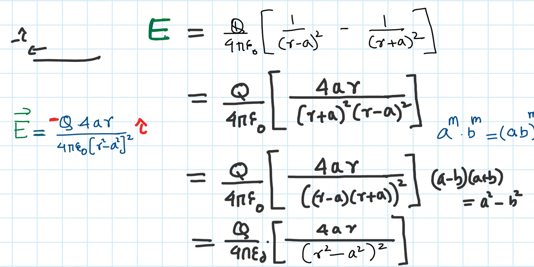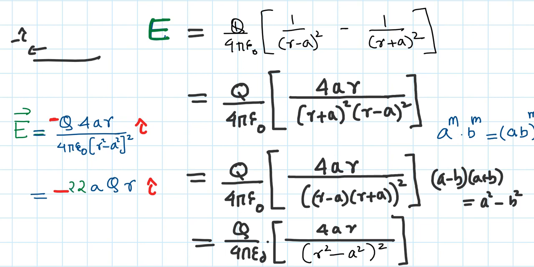Now, just by manipulating the numerator a tiny bit, you can rewrite the numerator as minus 2 times 2 times A times Q times R times I cap, and there is one more 2 also, which I can write over here.